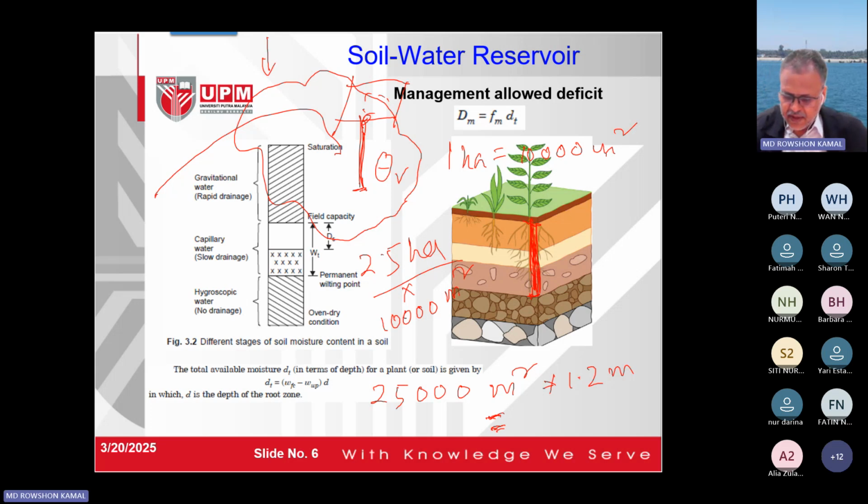So now you can find the depth of water. Depth of water D equals theta b multiplied by L, according to the formula, where L is 1.2. Let's say your theta b is 0.4, multiplied by 1.2, so it can be maybe 0.48 or something.